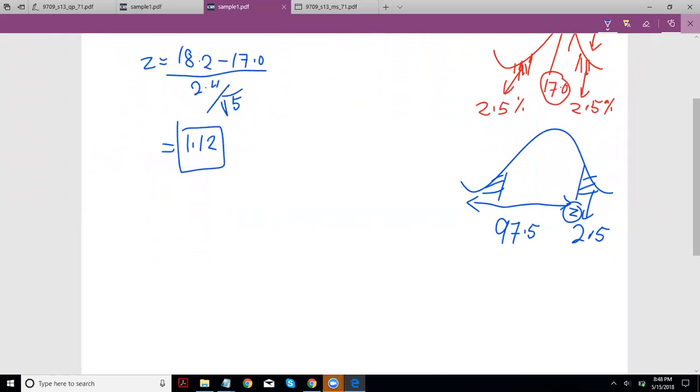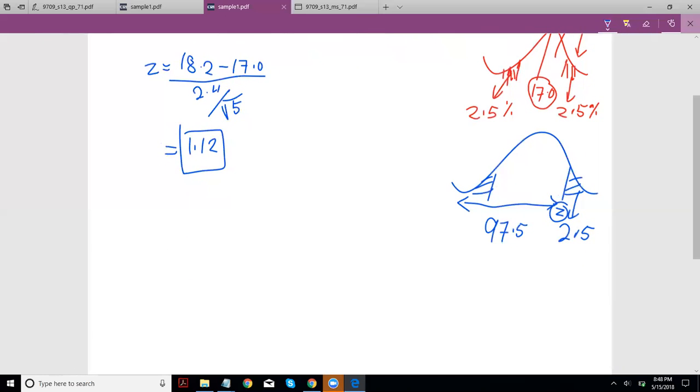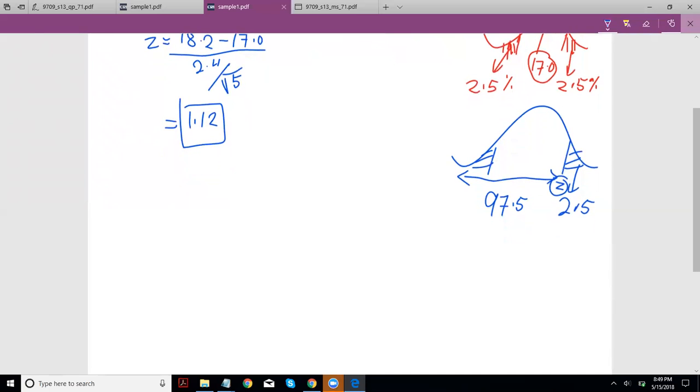So you check your critical values from the normal distribution table, and that particular z value is 1.96. If the critical value is 1.96 and this is 1.12, it would fall somewhere around here, definitely towards the left of 1.96. It's less than 1.96, so it is falling in the acceptance region.